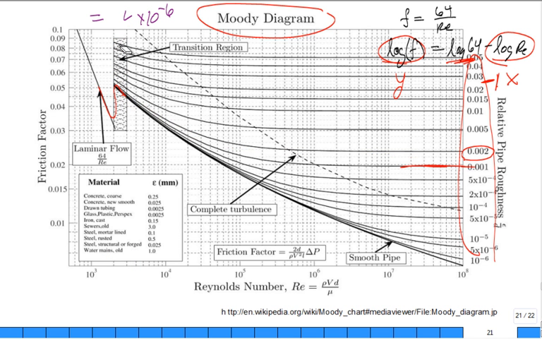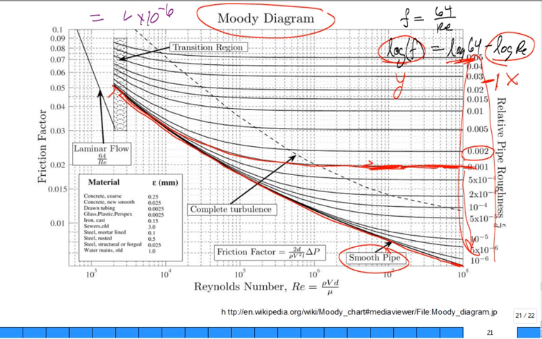So now that you're out in the turbulent region, notice that, let's pick one of these curves, this one that's 0.001. It's coming here, then it comes up, and it goes right into there. How about another curve? Well, if you go down, down, down in relative roughness, you get to essentially the smoothest pipe that you get. That's the bottom curve out in this turbulent region on the Moody diagram.